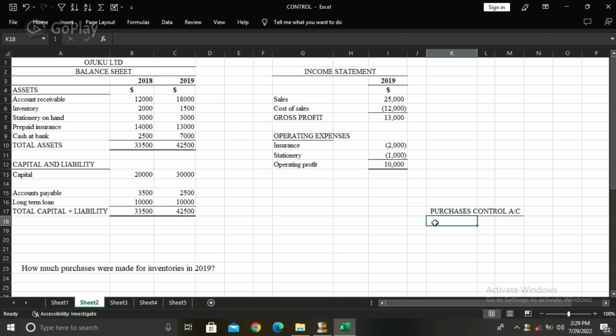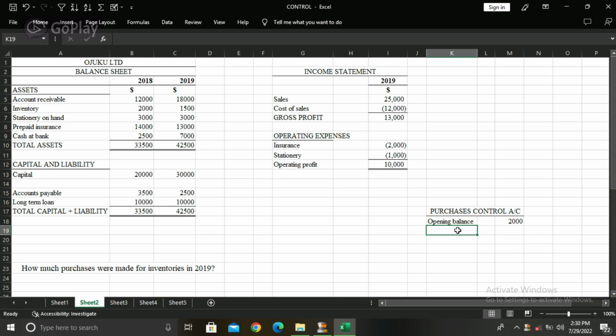We have opening balance for inventory, and that opening balance here is that of 2018, which is 2,000. So here we have 2,000. Then to this opening balance, we add the purchases. So during the year 2019, we might have purchased more inventory.